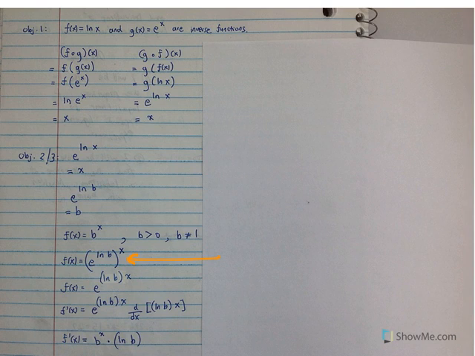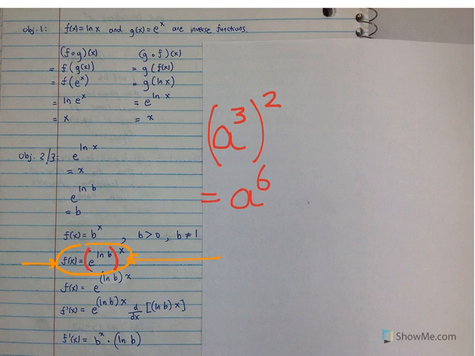So in our next step, we're just going to take what we have now, and we're going to use properties of exponents to rewrite this. Observe that what we have here is the power of a power. It's like having a to the third to the second power. When you have the power of a power, you multiply the exponents, and you will get a to the sixth here.